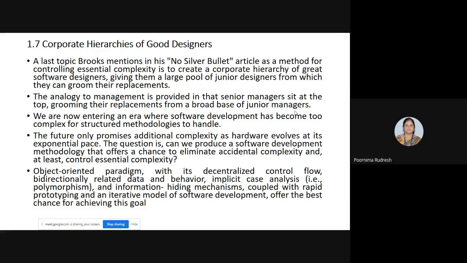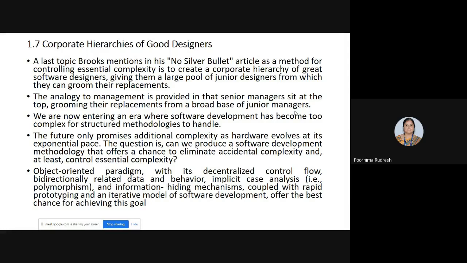All this knowledge the developer should have, then only they can write suitable operating system software, right? So depending on the existing hardware, the requirements of the software change, so the developer should keep that in mind while developing software, right? Hence the future only promises additional complexity as hardware evolves at its exponential pace.